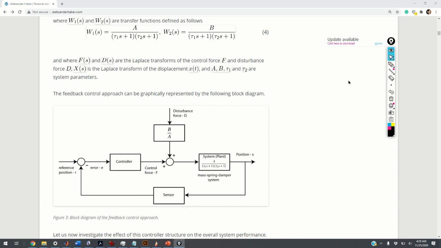Our main task is to determine the parameters of this controller, that is, to determine the parameter k such that we can accurately position our object, that is, such that the actual position of the object in steady state matches the reference position. And at the same time, we want to minimize the effect that the disturbances are exerting on our system.